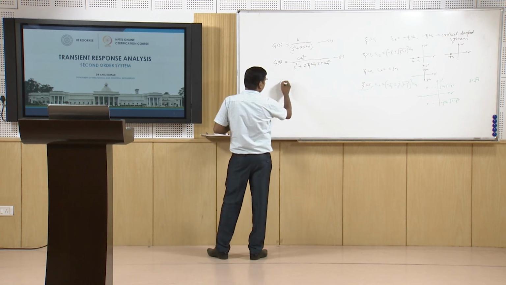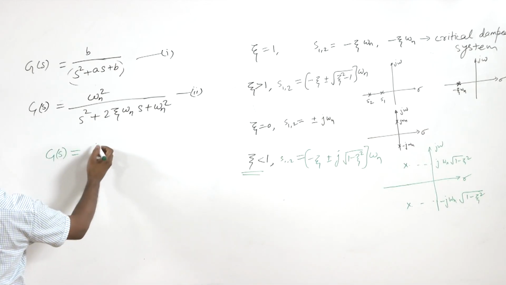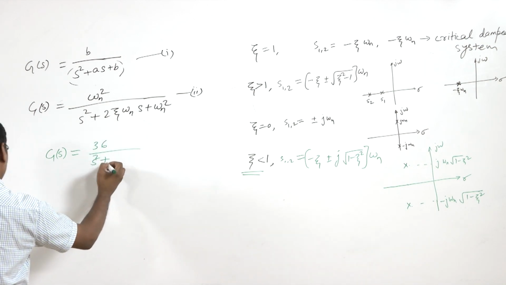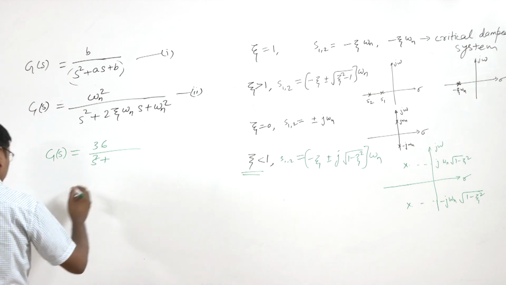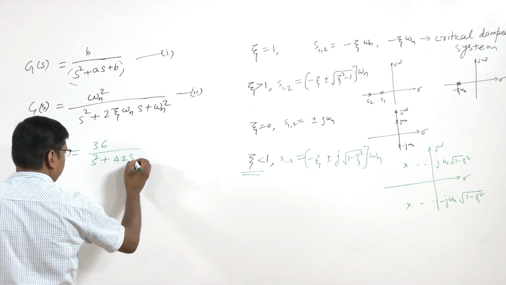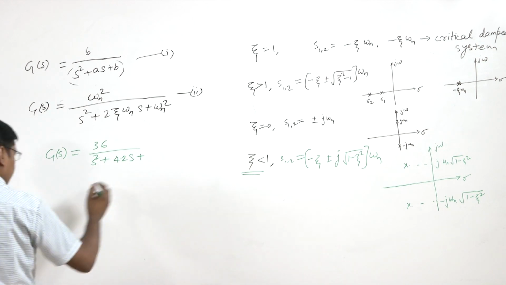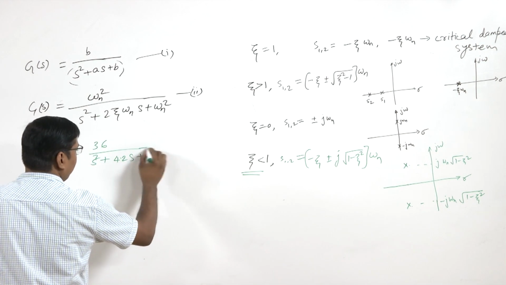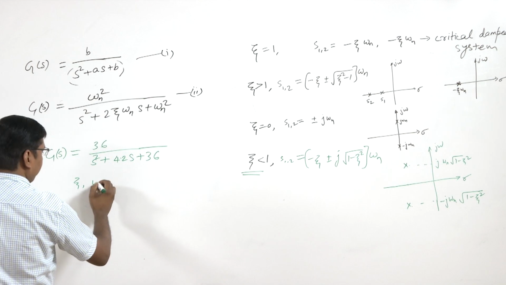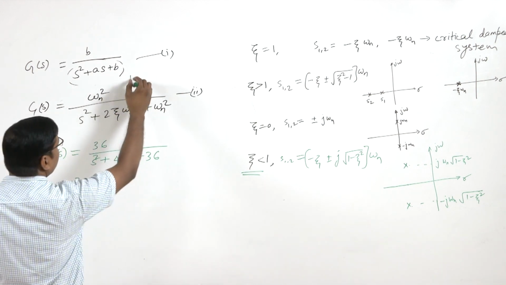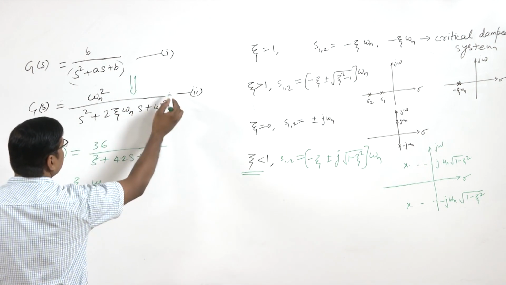If we have G(s) equal to 36 upon s square plus 4.2 s plus 36, we want to know the damping and natural frequency of this system. We can represent this as our standard system.